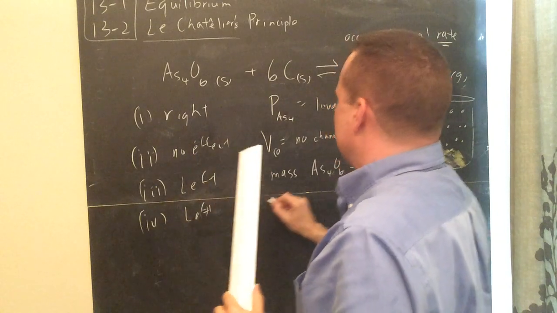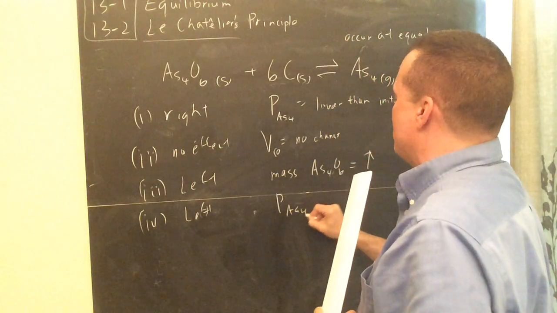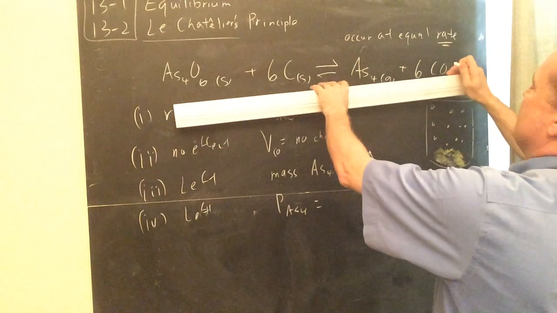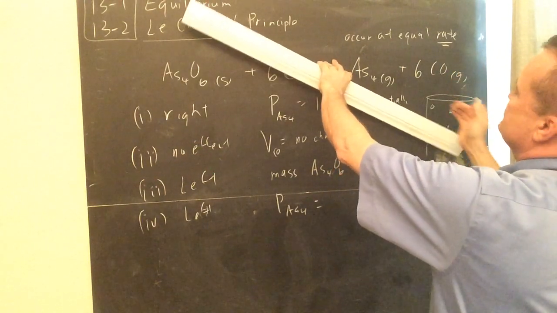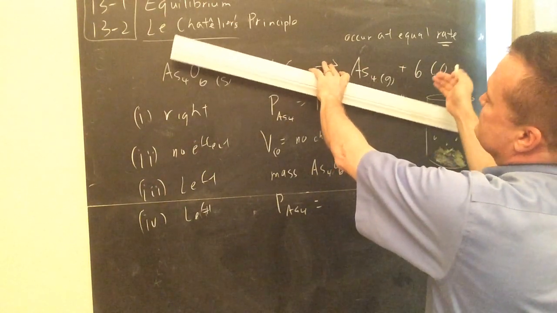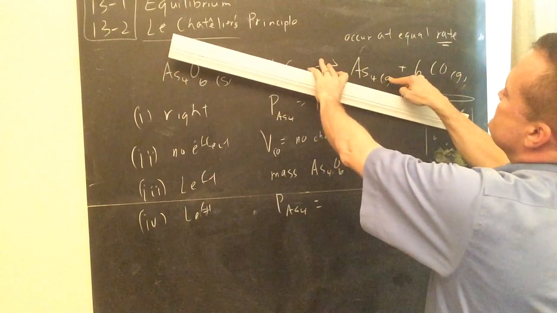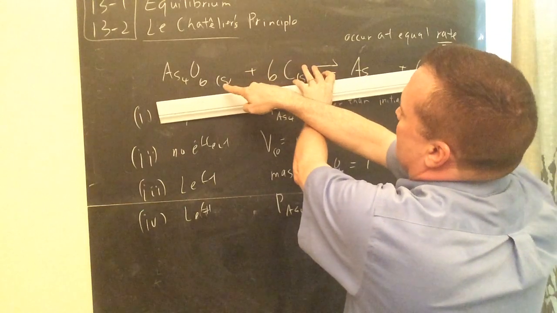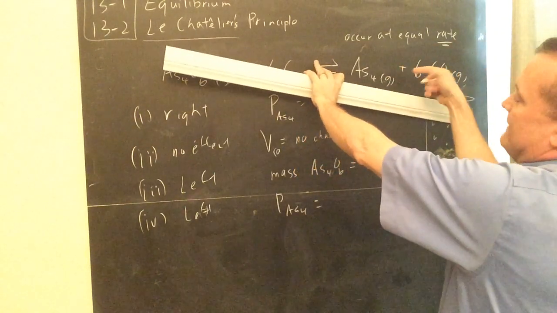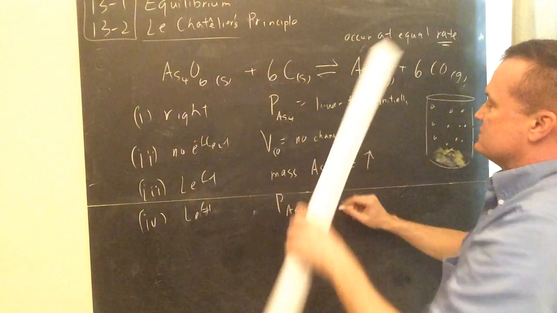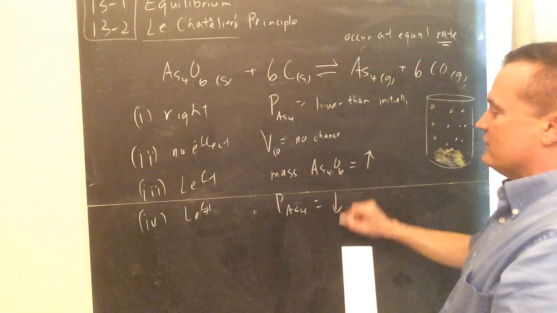How will that affect the pressure of AS4 gas? All right, let's think about this. If this is increased, it's going to shift to the left. And when I say shift to the left, material from this side is going to have to come onto this side. So these two are going to react more, and it's going to decrease that. So the pressure of AS4 will be lower than it was.